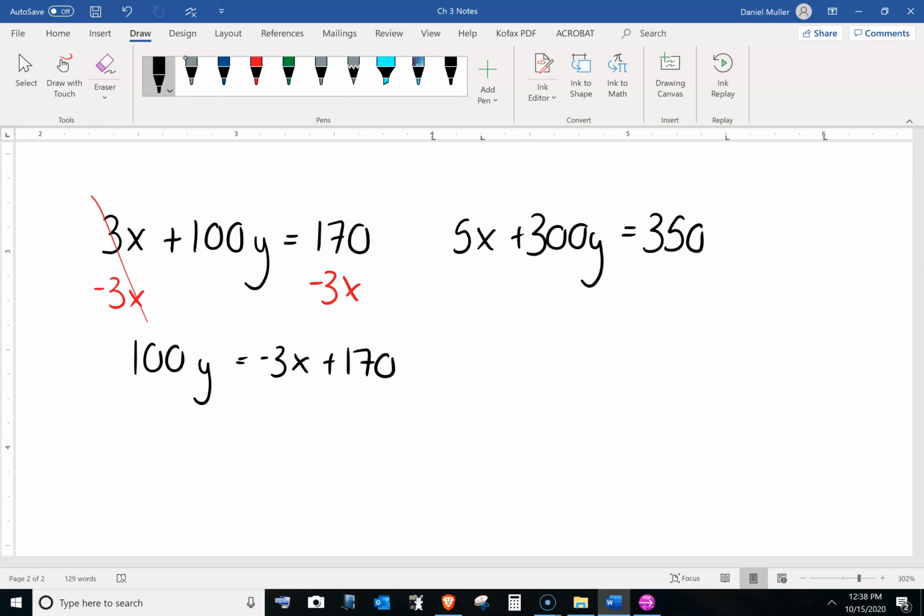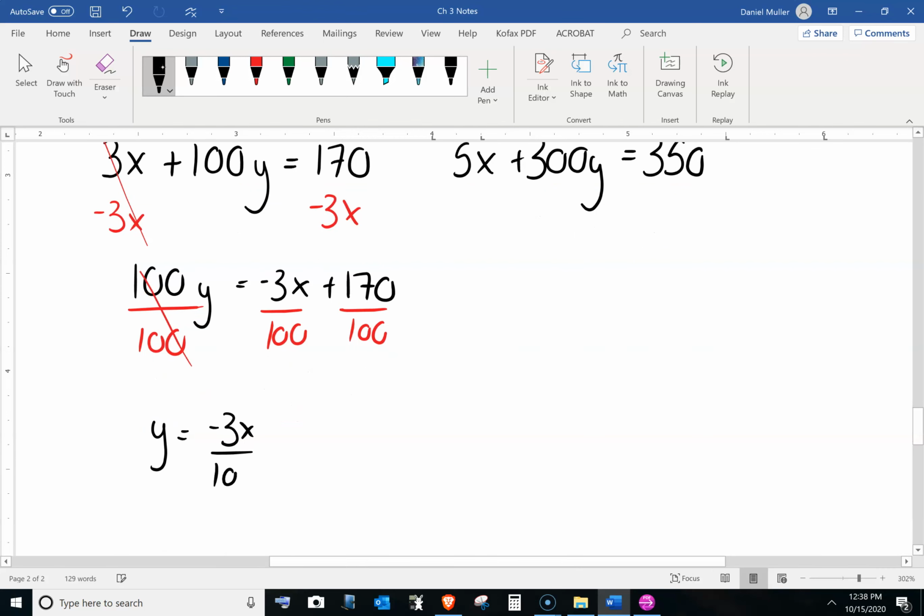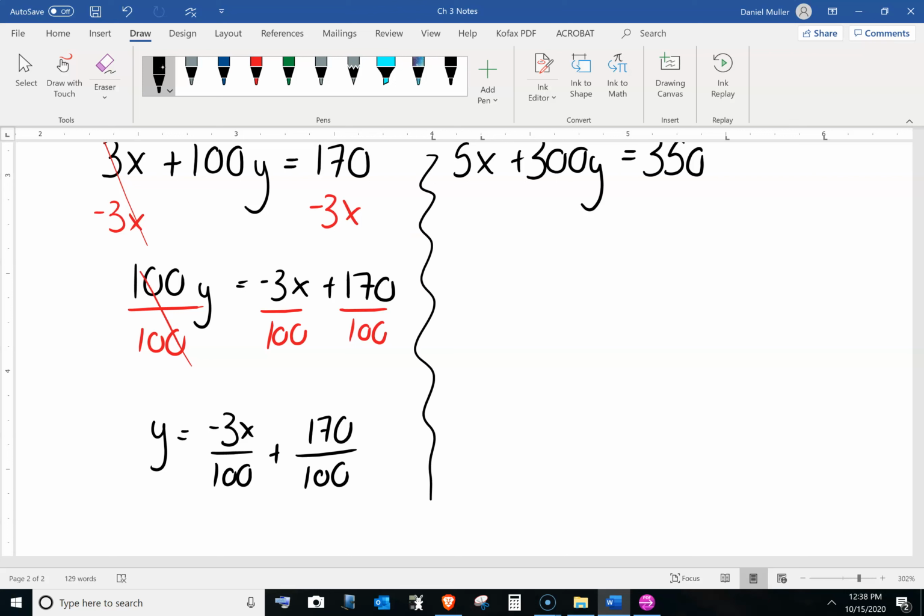And then we can divide by 100, and y equals negative 3x over 100 plus 170 over 100. Now I could reduce that to 17 over 10, but I just know that I'm going to have to get a common denominator when I do y equals y, so I might as well just leave it, and we'll just see what happens.